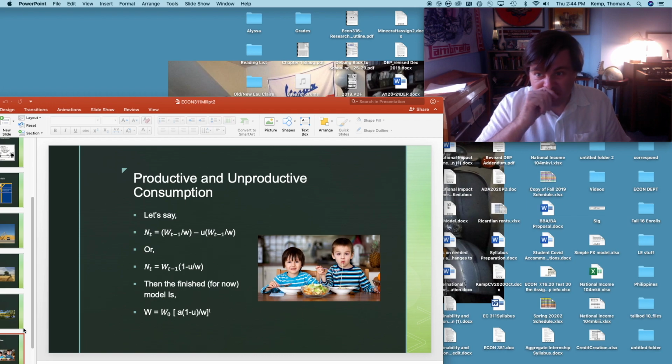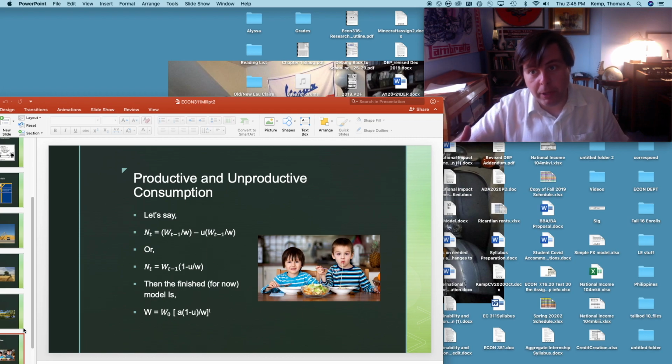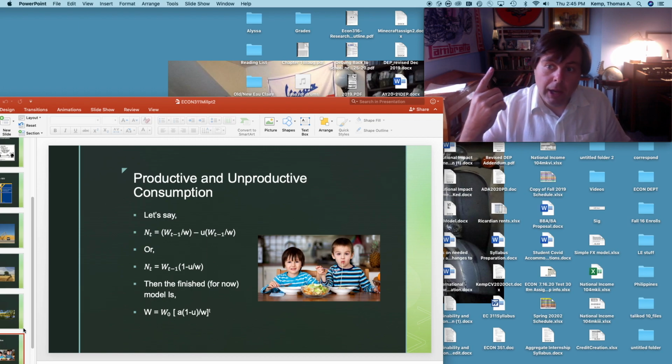Okay, so if you think of this like leftover corn, we had some corn to start with, and then how fast is that pile of corn accumulating? Well, it depends upon a couple of things. First, how productive are we at growing corn? A. How much of that corn gets eaten up by people who can't make more corn?